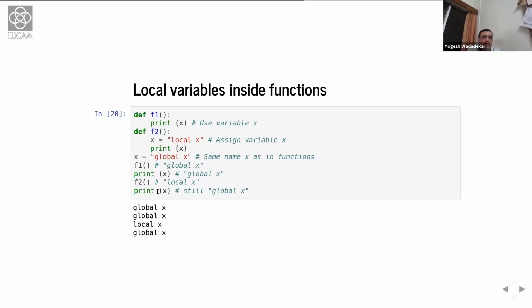Now, if I do print x, it still prints global x because only within the function f2 has the x been redefined. Outside, it still has the value global x. Okay. So please study this code carefully at leisure. Try changing some things and see whether the behavior is what you expect or not.